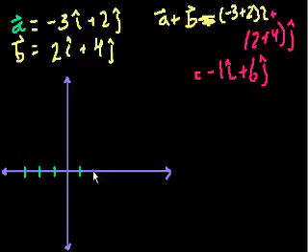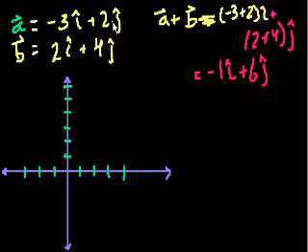This is 1, 2, 3, 4, and I draw 1, 2, 3, 4, 5, 6, and I think we should be able to add them now. I didn't have to waste all the space down here. So let's first draw the vectors.